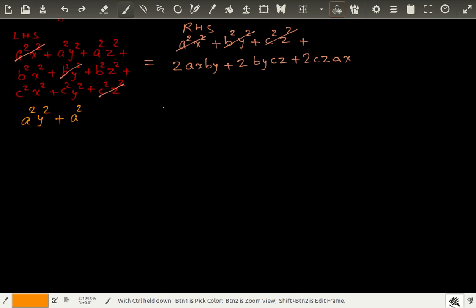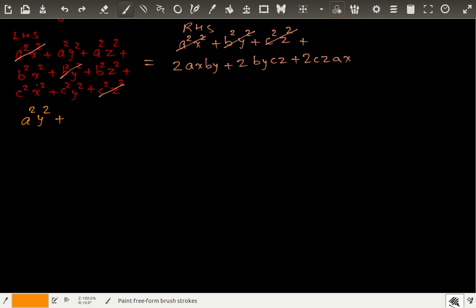Or let me write it a different way. We have a²y², so we see which of these terms has a y. We can already see that 2axby has the term ay, and besides ay, it also has the term bx. So can we find b²x² on this side? Yes, we can.